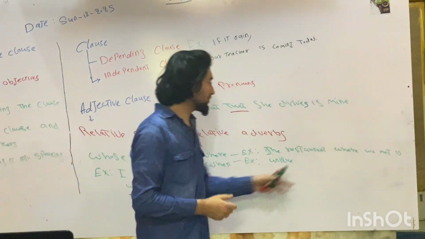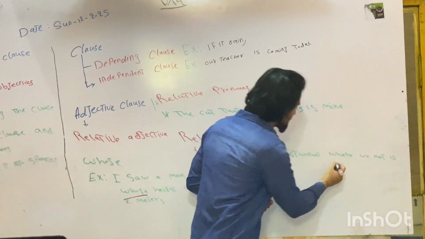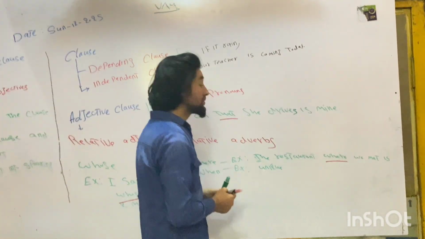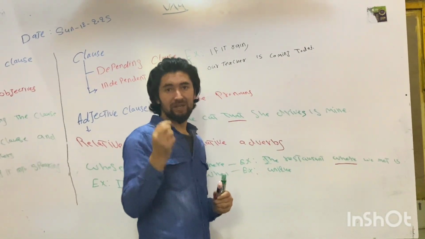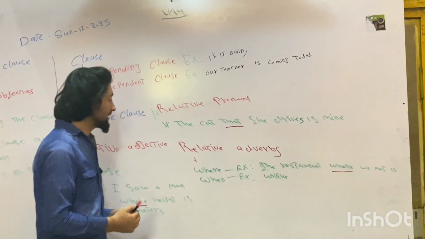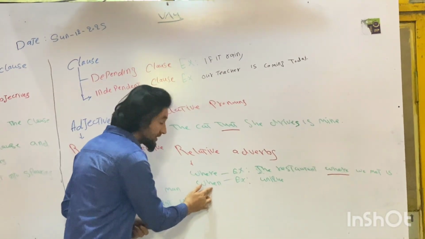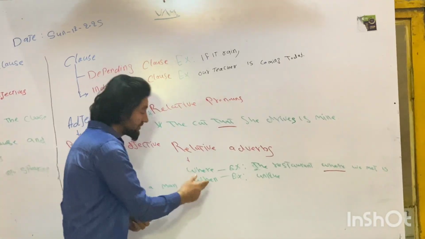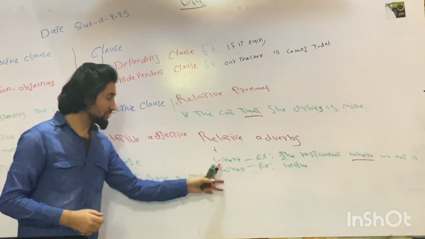Alright, the restaurant where. Where refers to what? Where refers to the restaurant. A restaurant is a place.